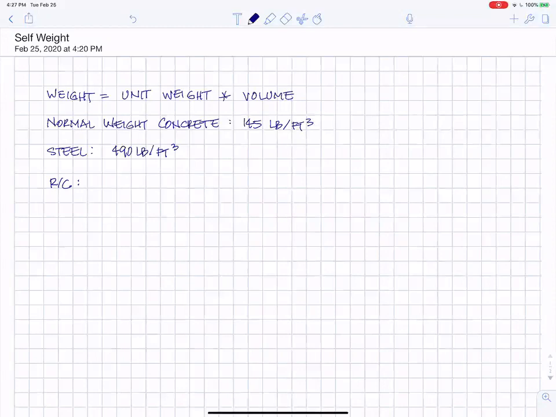It'd actually be higher for a column, maybe 4%. But for a beam, it's 1% steel. So 99% of it would weigh 145 pounds per cubic foot, and 1% of it would weigh 490 pounds per cubic foot. And for our metric friends, I apologize. We use imperial units here in the US.